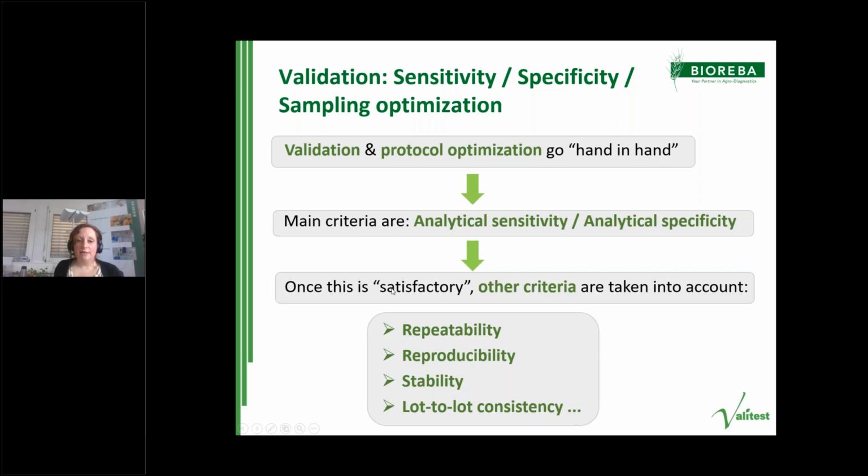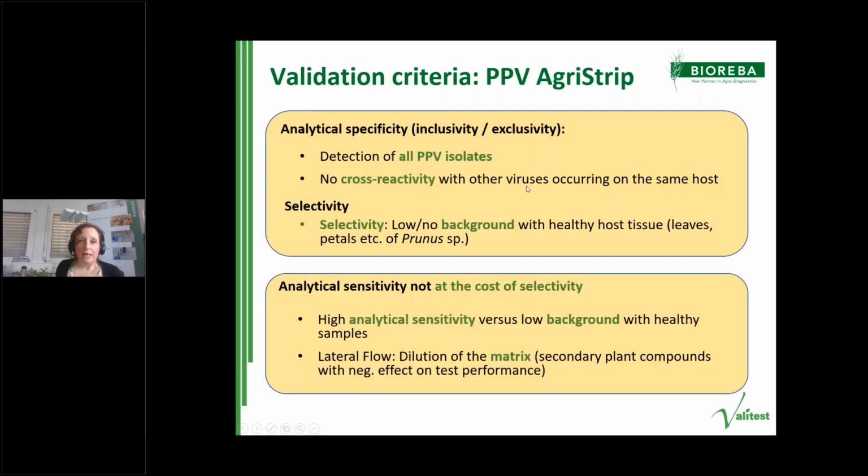And once this is satisfactory, we decide to continue. If it's not satisfactory, we stop at that point. But if it's satisfactory, of course, we take other criteria into account, which are repeatability, reproducibility, stability, and of course, also lot-to-lot consistency in the end when it goes to manufacturing.